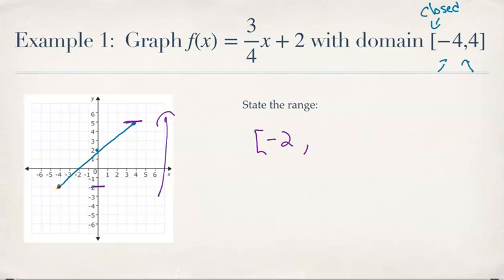That is the highest point that this goes. And this is also a closed point right here, so we're going to close the interval with a square bracket. Okay, so let's clean up this graph a little bit. We have graphed this function on the domain -4 to 4 inclusive, which means the endpoints are closed, and then we stated the range.